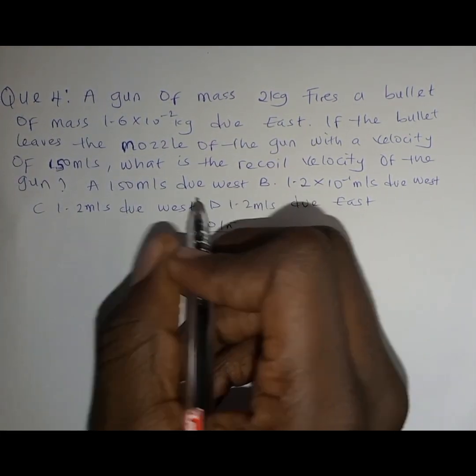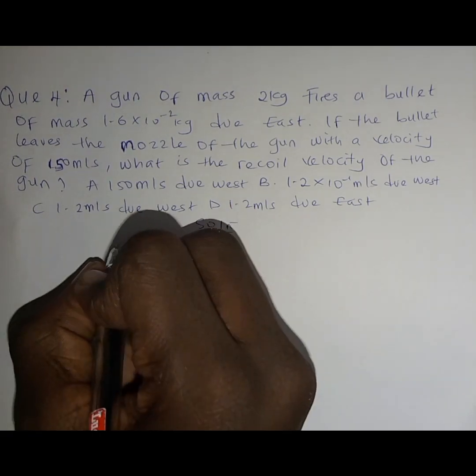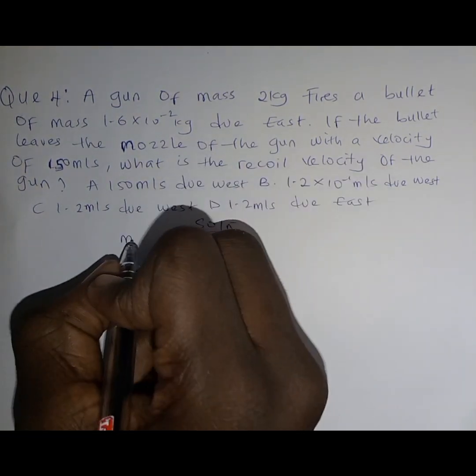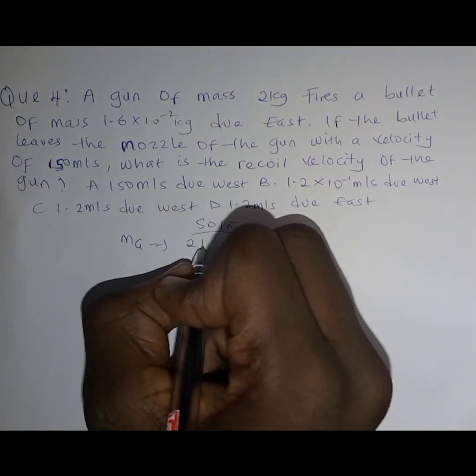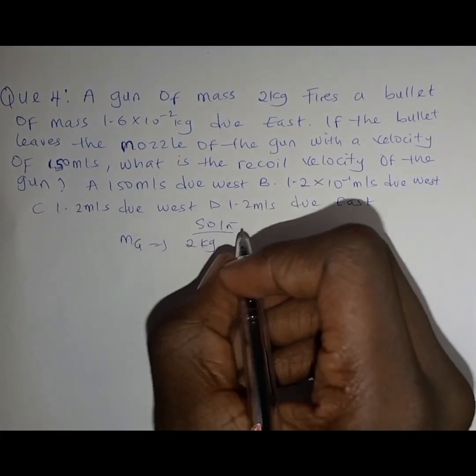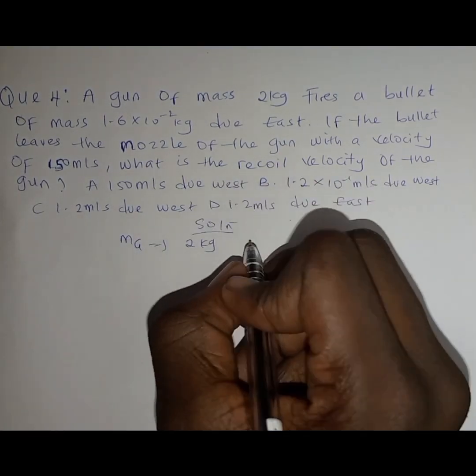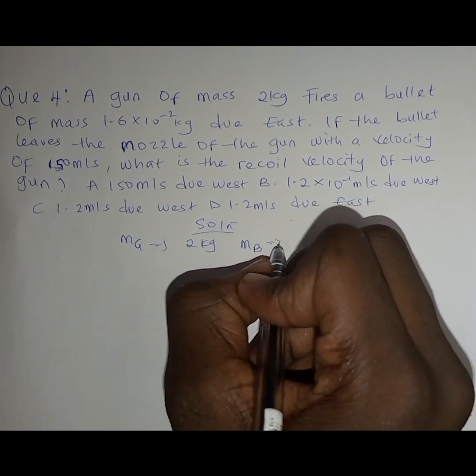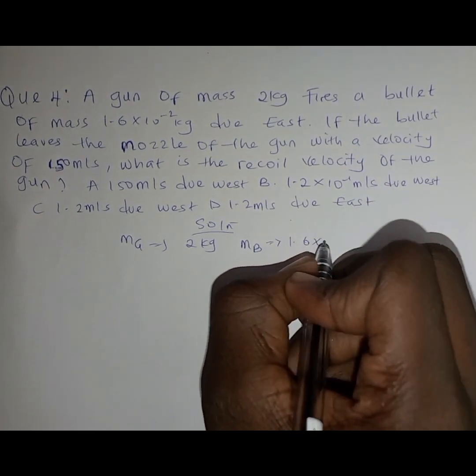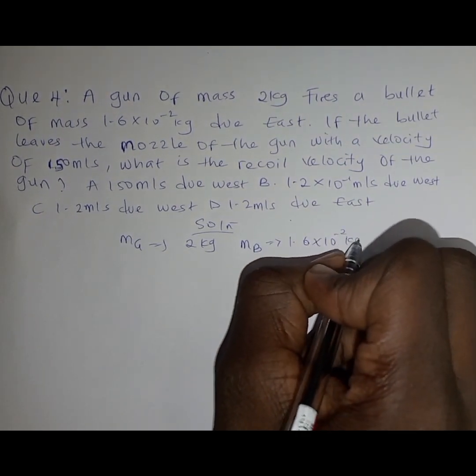Solution. A gun of mass 2 kg. So the mass of the gun is mg and it is 2 kg. It fires a bullet of mass 1.6 times 10 raised to the power minus 2 kg.